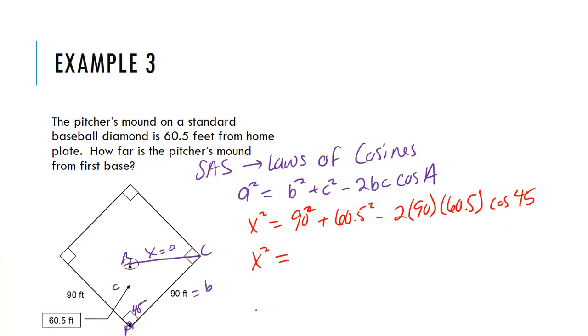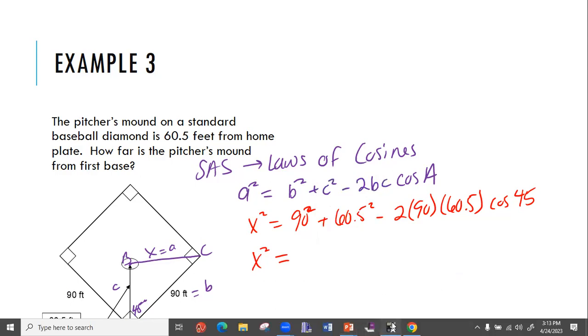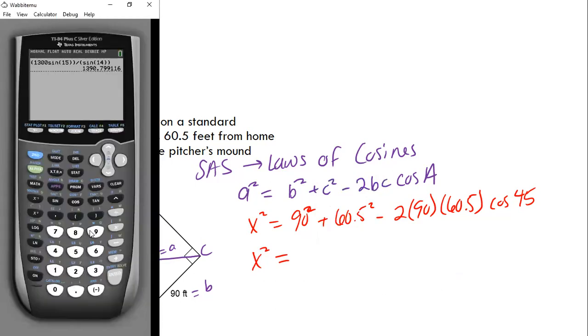I'm going to go to my calculator because there's no way I can do that any other way. 90 squared plus 60.5 squared minus 2 times 90 times 60.5 times cosine of 45. We hit enter and end up with 4,059.857.